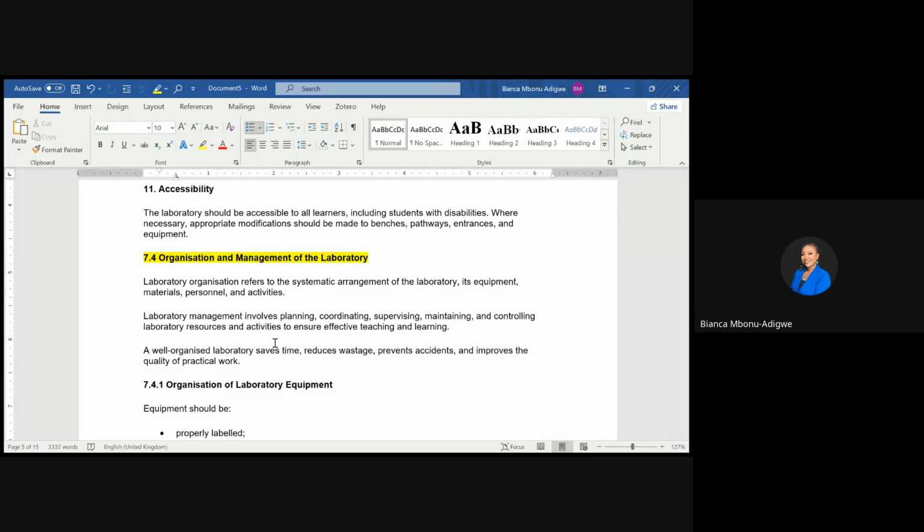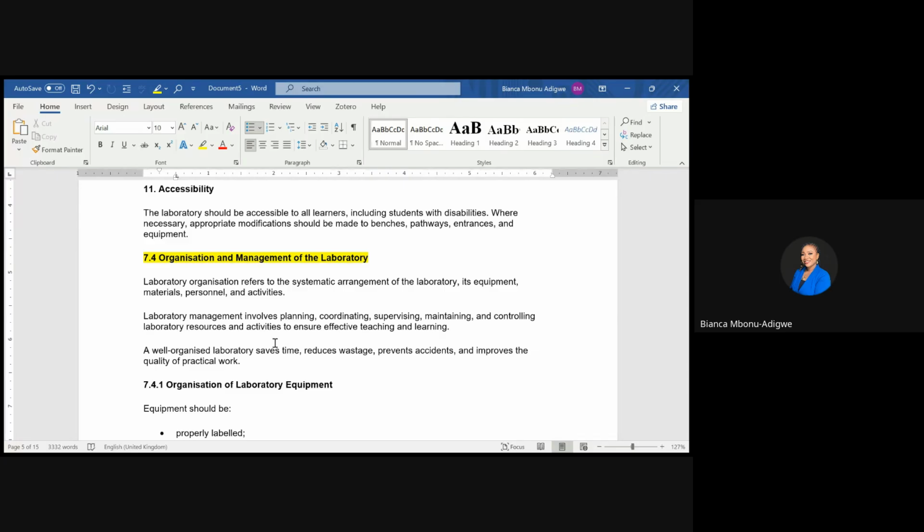So when we talk about accessibility, we are talking about your laboratory being accessible; it should accommodate everyone. If you have people with mobility issues, people that use walking aids, you should modify your laboratory to accommodate those people.